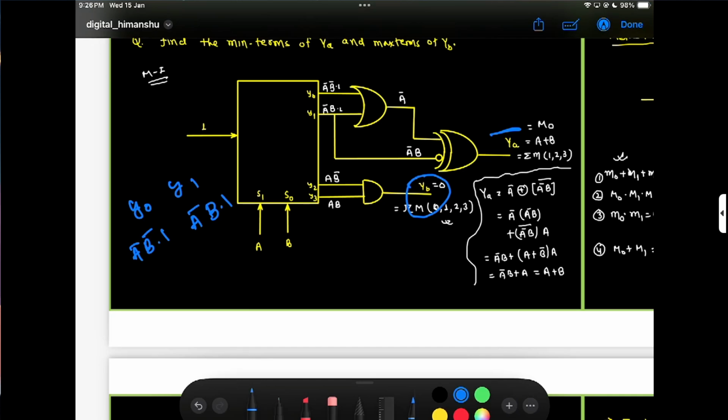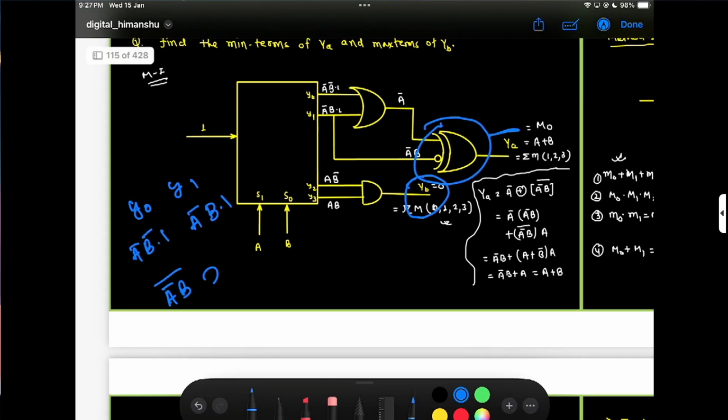How do I get the output of this gate? Basically this is my A bar B whole bar, and it is an XOR gate, XOR with this OR.